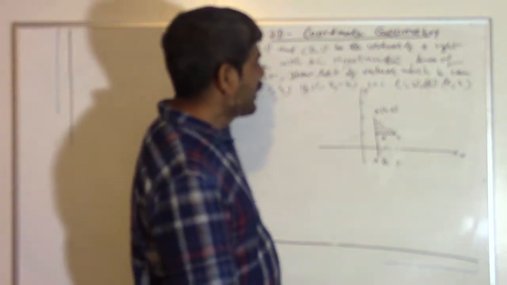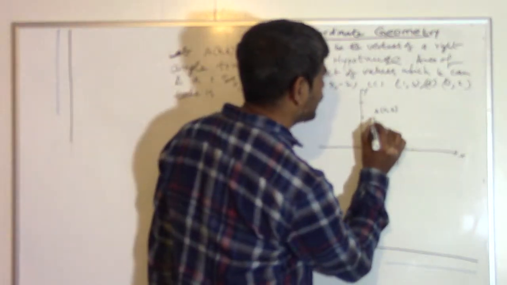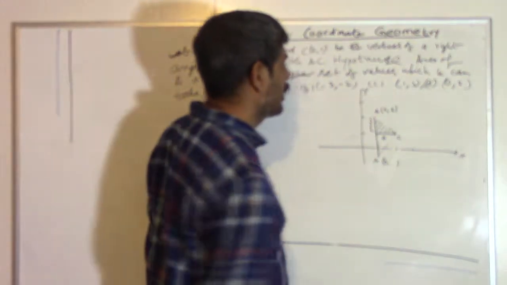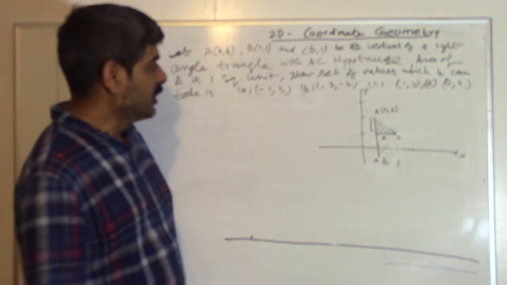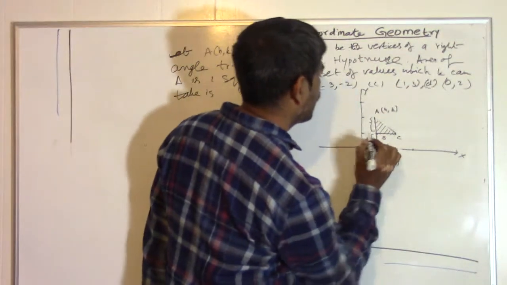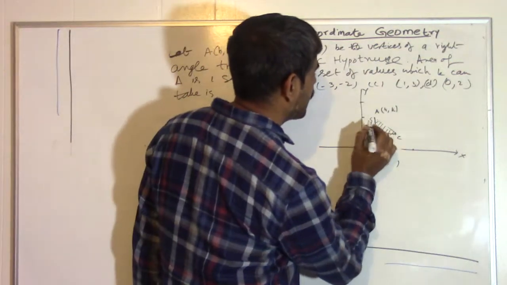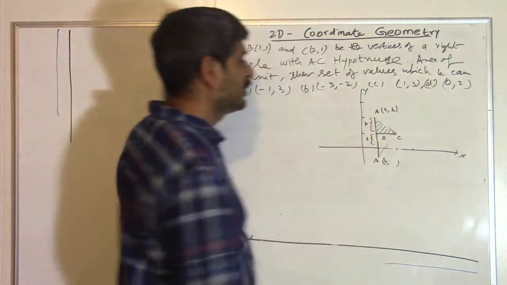This line has to be perpendicular. Let's say this length, which we know is 1, and let's say this length I will call P.